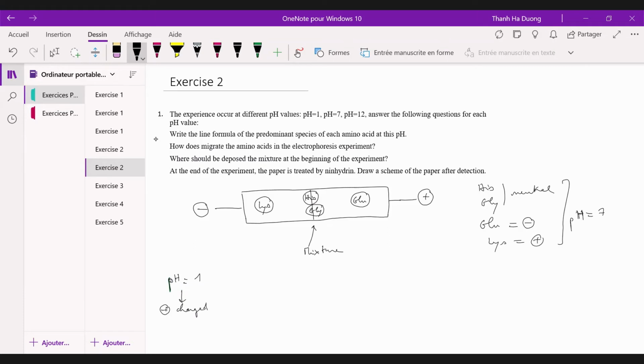Yes. So it means that if you want to separate your amino acids, you need them to run a distance. So if they are positively charged, it means that they will all migrate to the negative electrode.